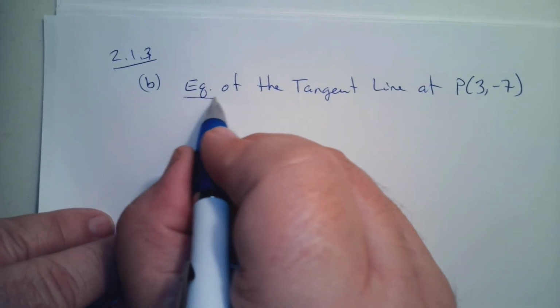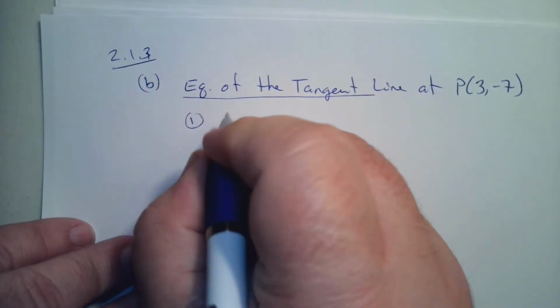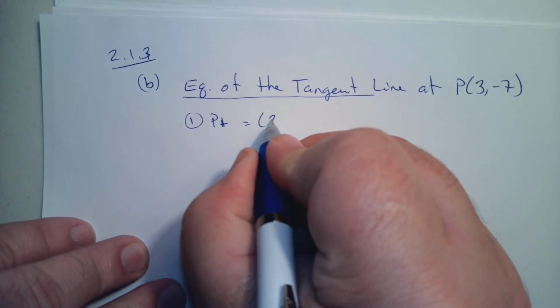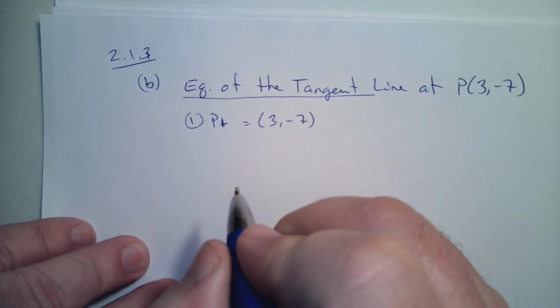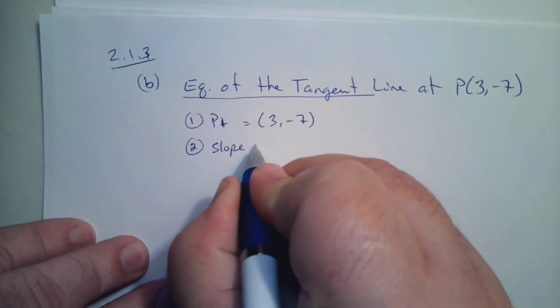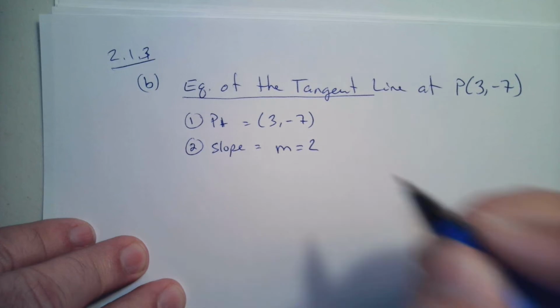Remember, to find an equation of a line, you need two things. One, you need a point, which we have. We have 3, negative 7. Next thing you need is a slope, which we have. From the last question, the slope equals 2.